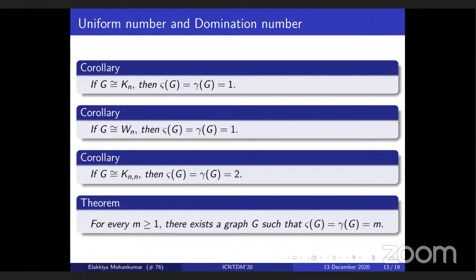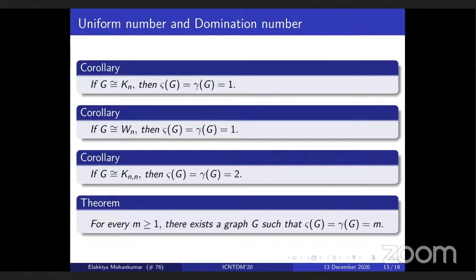If G is isomorphic to Kn, that means complete graph, then its uniform number and domination number are equal to 1. And if the graph is isomorphic to the wheel graph, then its domination number and uniform number are equal to 1.